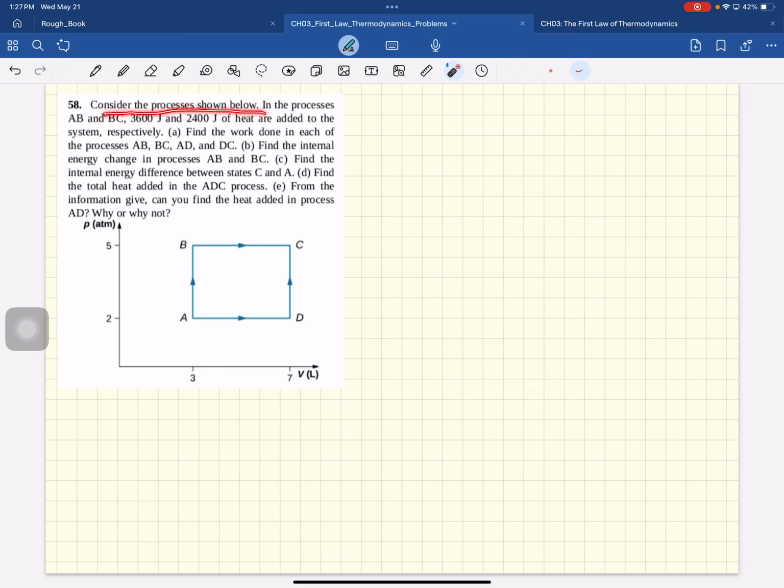Consider the process shown below. In the processes AB and BC, 3,600 joules and 2,400 joules of heat are added to the system respectively.